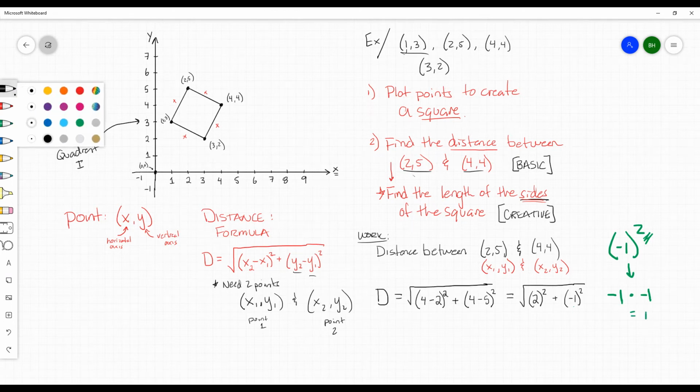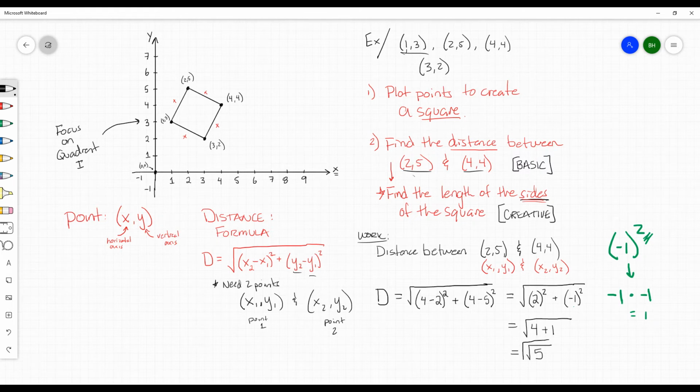So if we simplify this under the set of parentheses, we'll get the square root of 2 squared. 2 times 2 is 4. We add that with what we just discussed, -1 times -1, 1. And we can simplify this to the square root of 5.